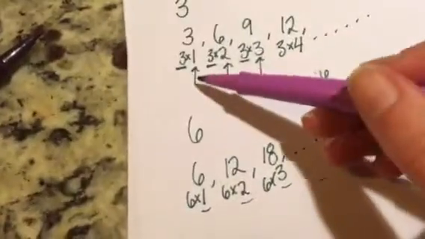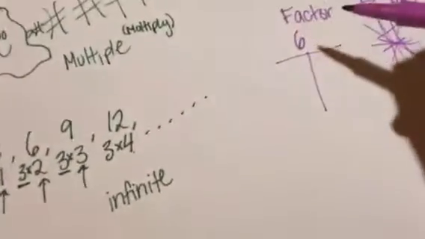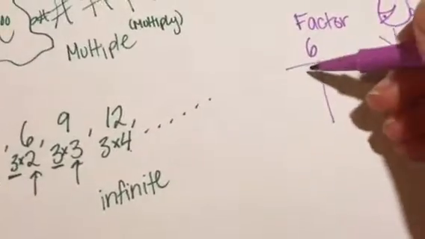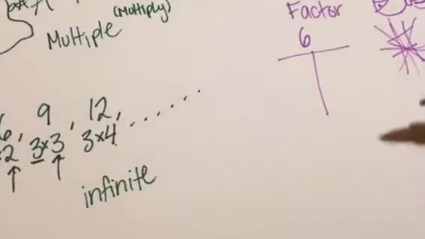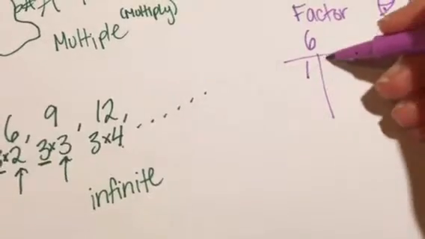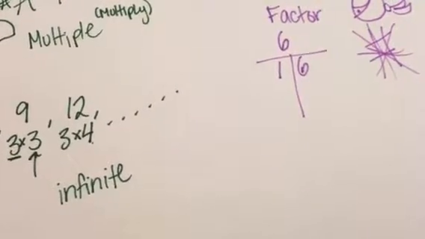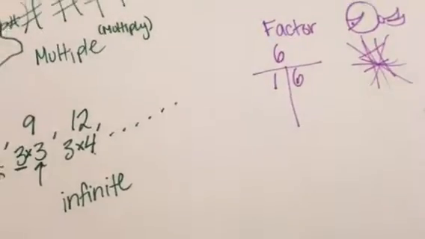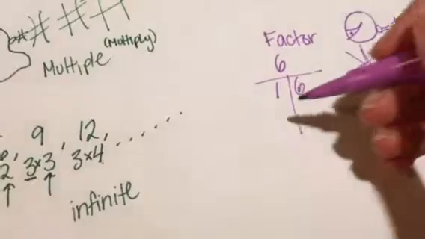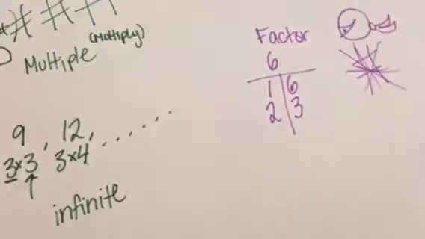And in my head, just like over here with the multiples, we went 1, 2, 3, 4. We're going to do the same thing. We're going to think in our head, can I multiply anything by 1 to give me 6? Yeah, 1 times 6 gives me 6. Okay, then I think in my head, can I multiply anything by 2 to give me 6? Yeah, 2 times 3 equals 6.